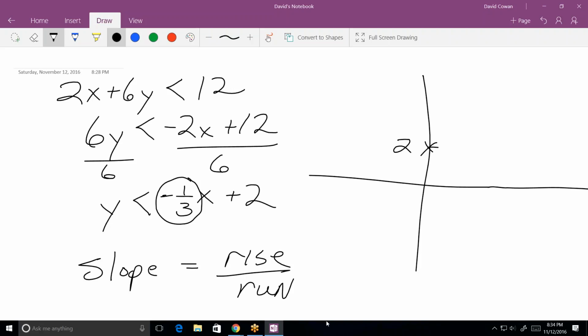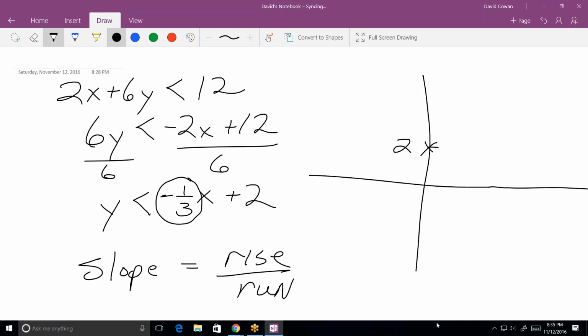Except if I go up 1 and to the right 3, I have a positive slope. Notice, that produces that line right there. Well, this is a negative slope. So you can't go to the right 3, you've got to go to the left 3. So I'm going to go up 1 and to the left 3.